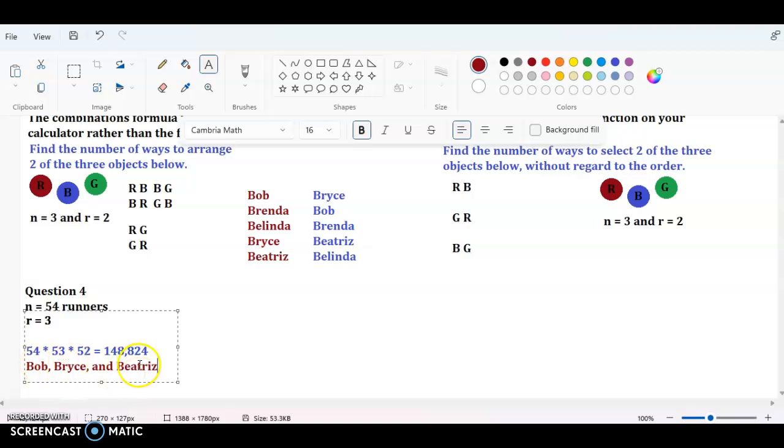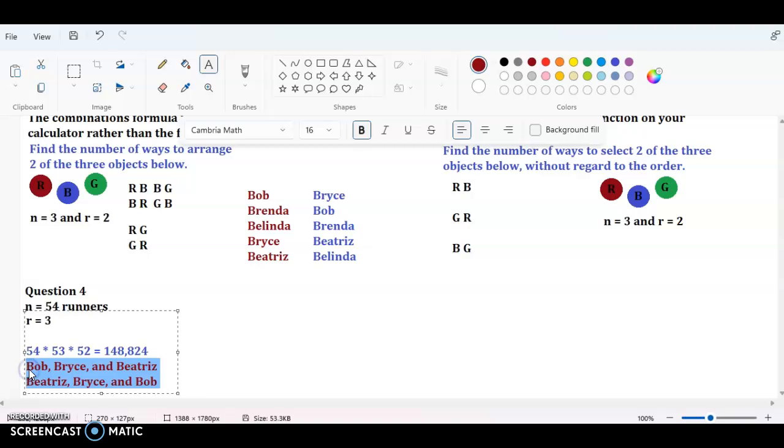That's different from Beatrice, Bryce, and Bob coming in first, second, and third place. So that's a different way that those 3 winners can come in first, second, and third place.